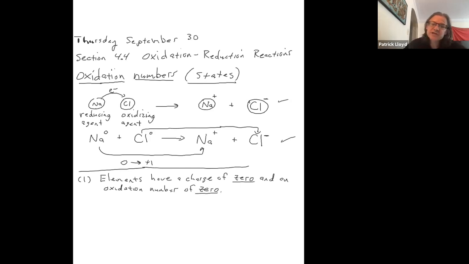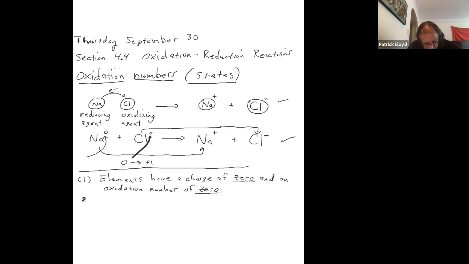So in this case, for elements, the charge is equal to the oxidation number, 0. So in this equation, we would say the charge here is 0. It's an element, right? Sodium is an element. The charge is equal to 0, so the oxidation number would be equal to 0. The chlorine atom here has a charge of 0, so it has an oxidation number of 0. So that's our first guideline.